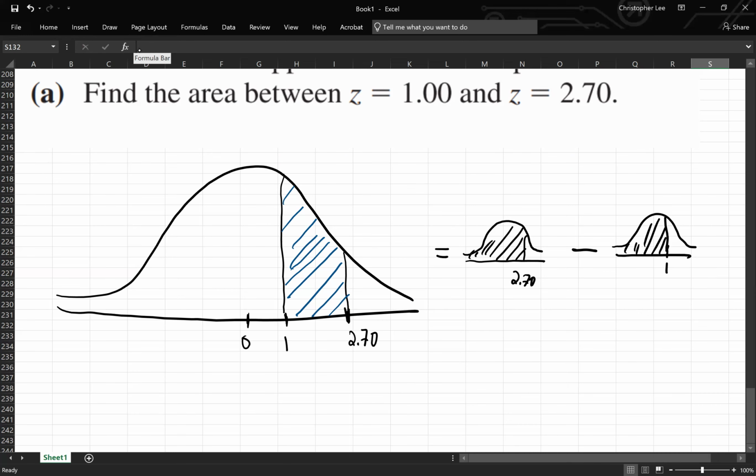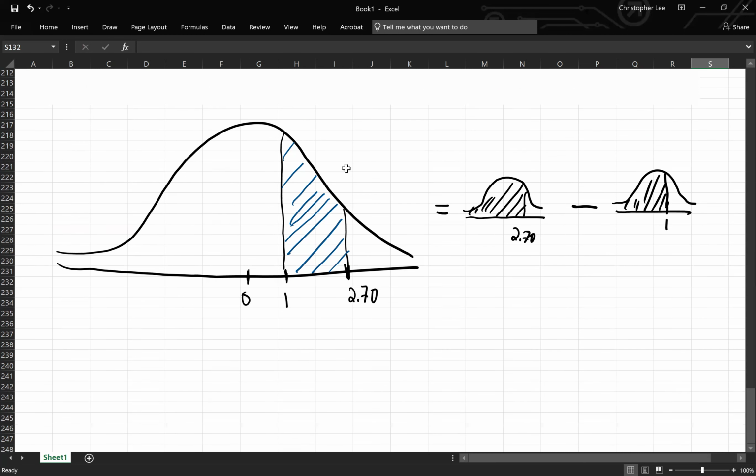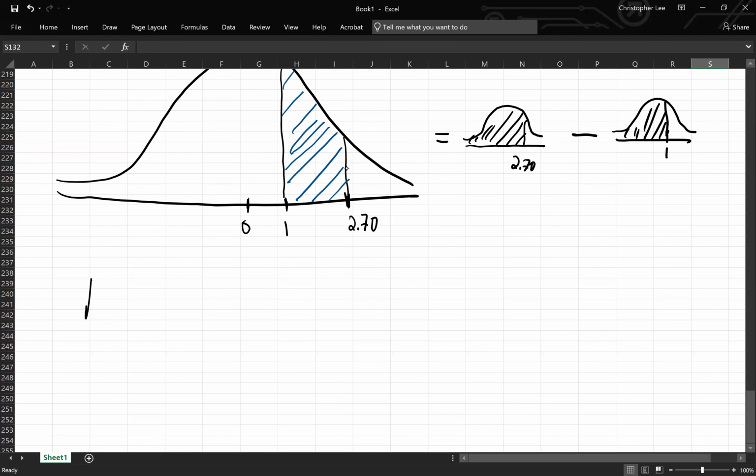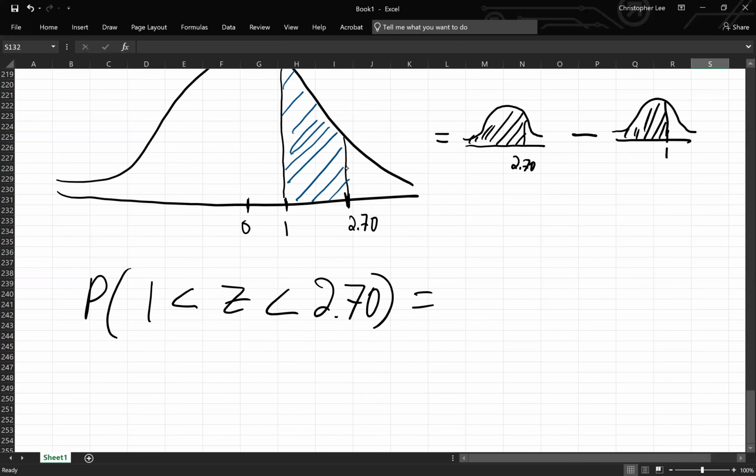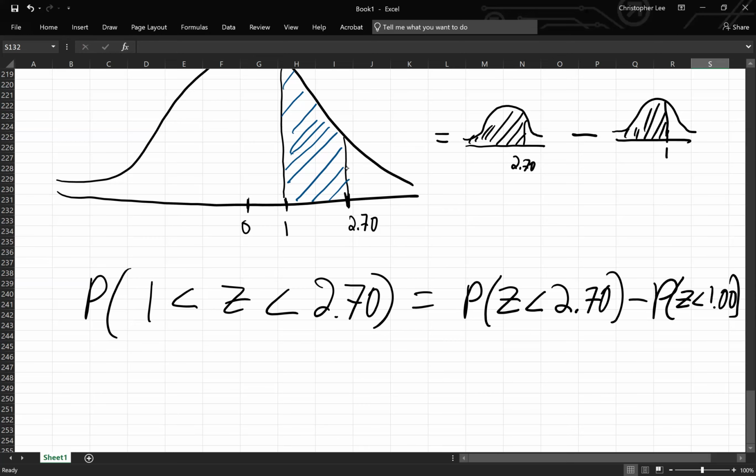And then what's left over is that area in between. So essentially, I'm asking you, what's the probability of 1 less than z less than 2.70? You're going to find the probability of z less than 2.70 minus the probability of z less than 1.00.